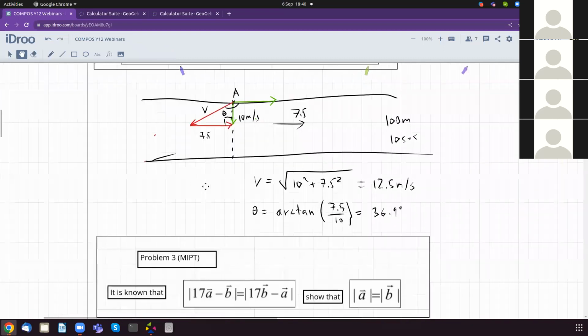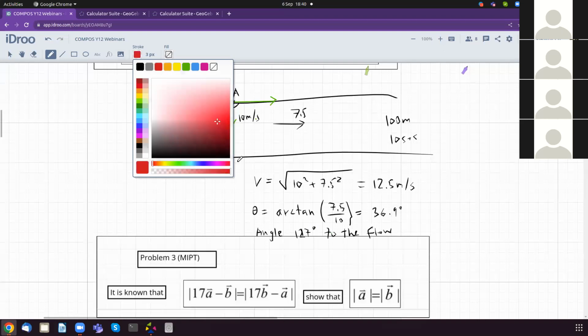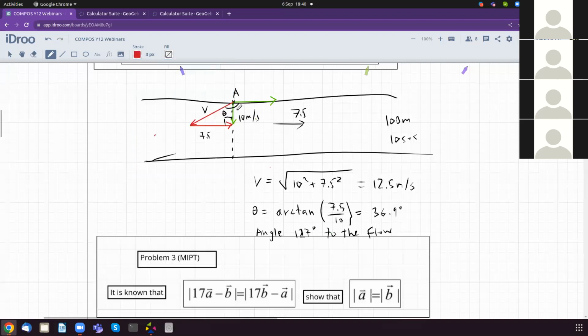And therefore the whole angle is 36.9 plus 90, which is 127 degrees to the flow. Okay, so I hope that makes sense. Do ask me a question if it doesn't. So this is 127 degrees.